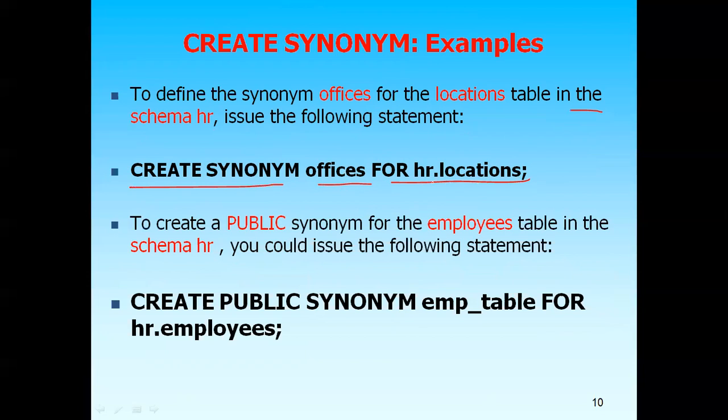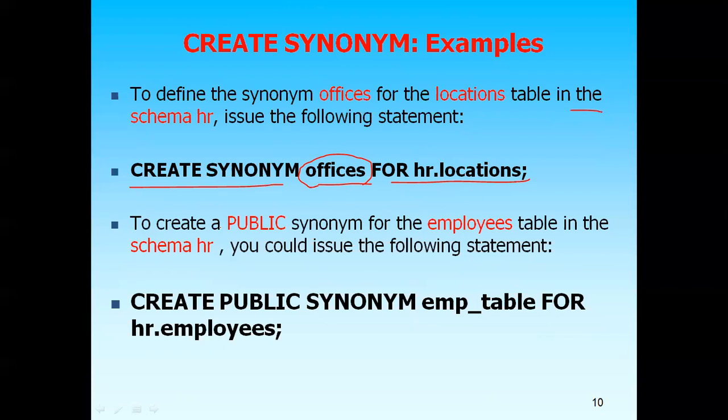HR is my schema name and locations is my table name, right? So instead of mentioning this HR dot locations, we can directly access this with offices, right? No need to mention the username. Whenever another user wants to access the table, they need to also mention the username along with the table name. Directly they can't access. But if a synonym is created, they can use this simple name to access the table, right?